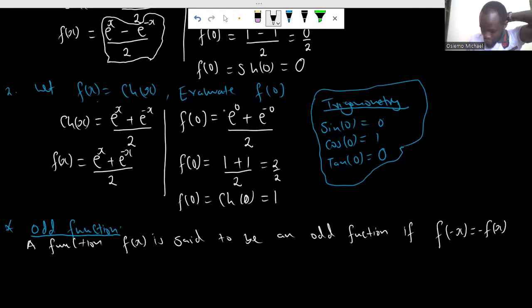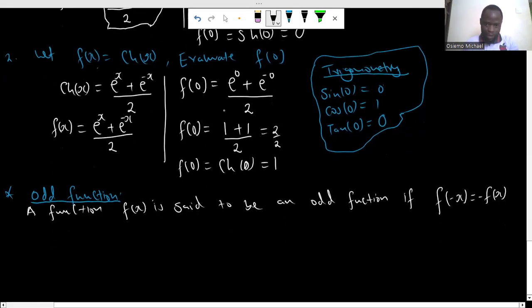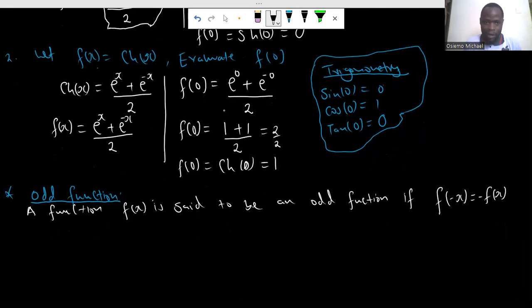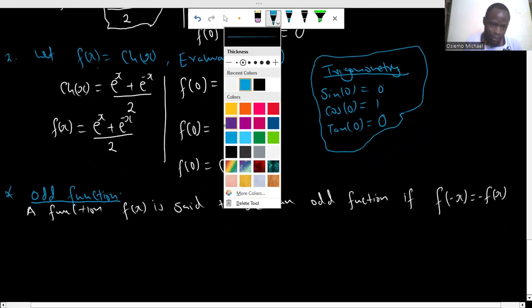So we want to check with the sine hyperbolic function. Now, before we go with that, let us just evaluate a simpler function here. What do we mean by having f at negative x and negative f of x?